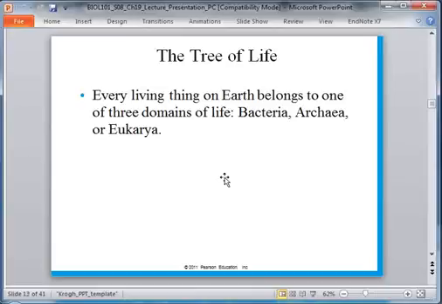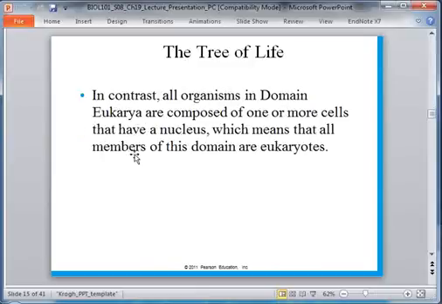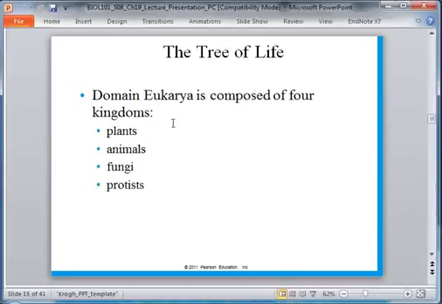Everything on Earth belongs to one of three domains, and we talked about bacteria and archaea earlier in the semester. Domains of bacteria and archaea are single-celled microbes, and they do not have a nucleus, which makes bacteria and archaea prokaryotes. In contrast, eukaryotes are composed of one or more cells that have a nucleus, and all of these members in this domain are eukaryotes.